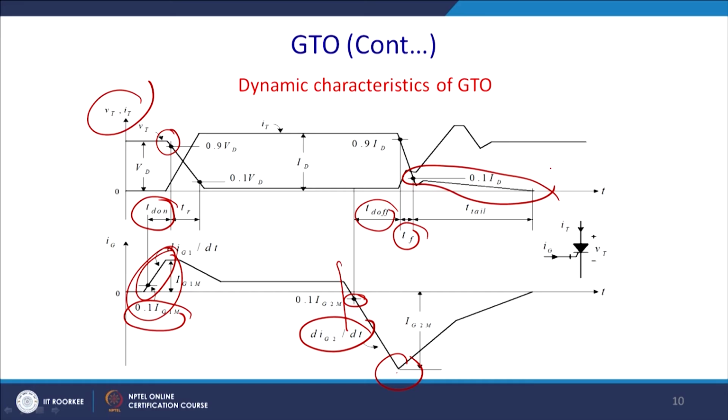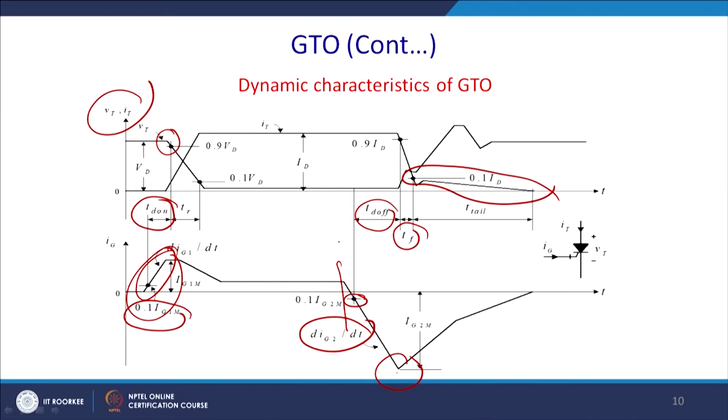This is the current tail, or tail time, and you are required to continue giving gate current. Once this value reaches 90% of the rated current, you gradually decrease the gate current, but you continue to give current until it reaches the rated value as prescribed by your leakage current.